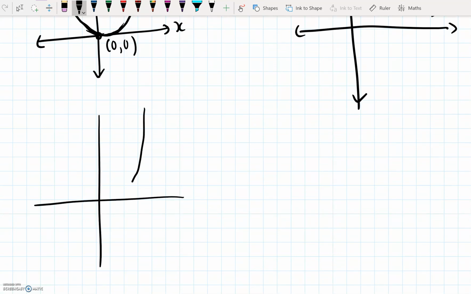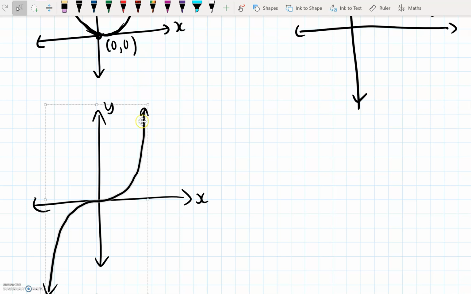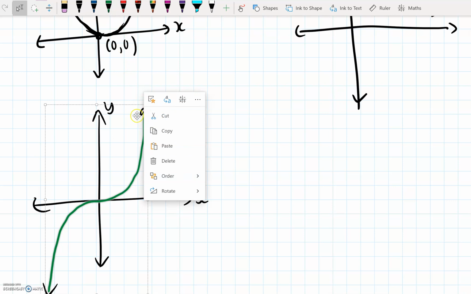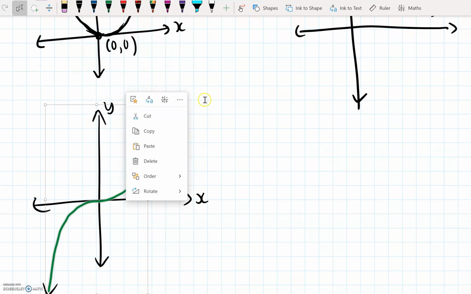All right, so if we have a cubic equation that looks like this, we have our x, we have our y. Would have liked this to be a different color. Let's make it green, just so it's a bit easier for you guys to see.